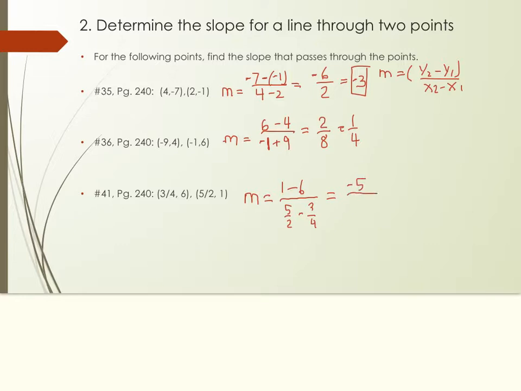But on the bottom we have to get a similar denominator. So I'm going to put this as 10 over 4 minus 3 over 4. And now I get minus 5 over 7/4. And this is equal to minus 20 over 7. How about that? So there's our answer, right?